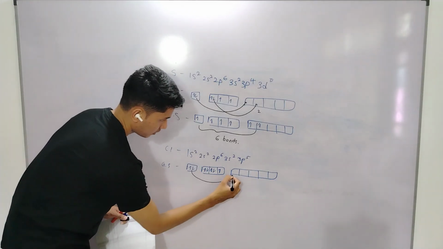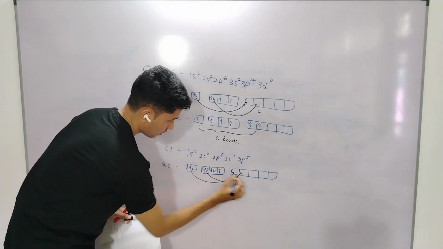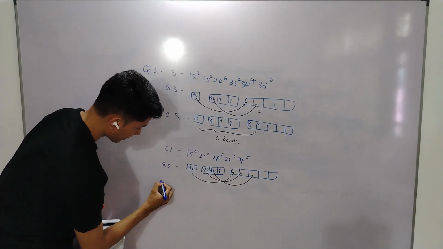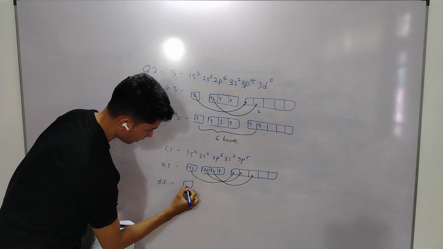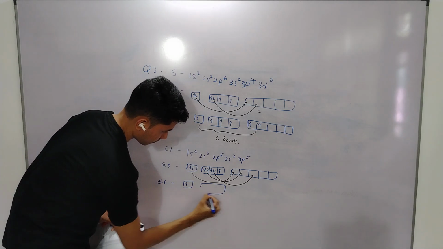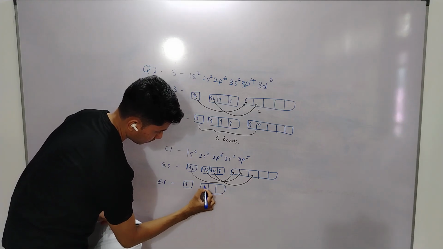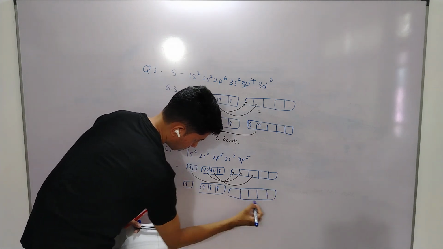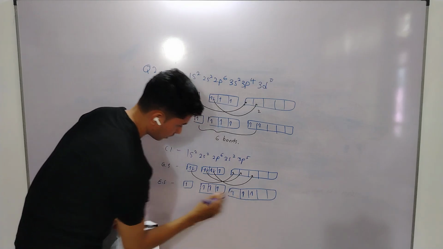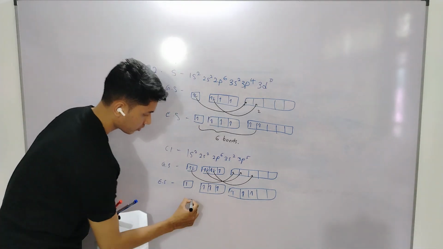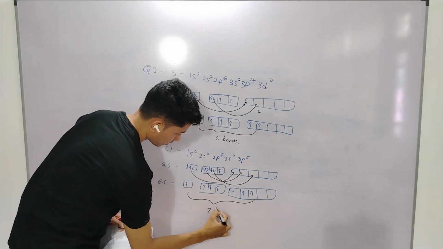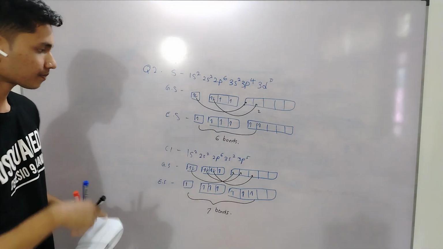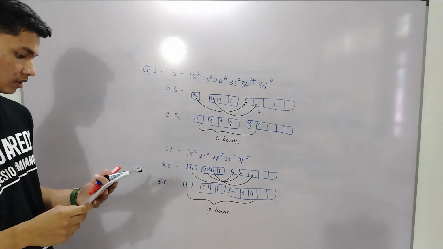This electron will go here, this electron here, and this electron here. At the excited state, the orbitals will be arranged like this, with 7 electrons. So 7 bonds can be formed. Chlorine at the excited state can form 7 bonds. Okay, so what about nitrogen?